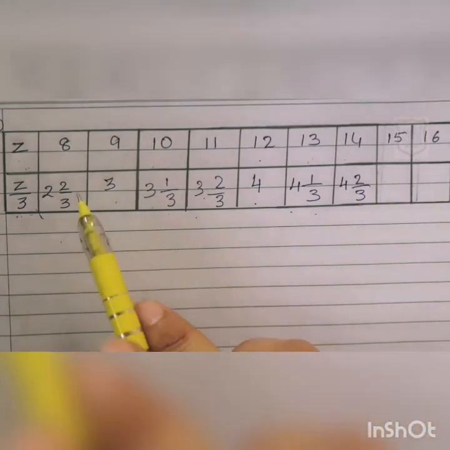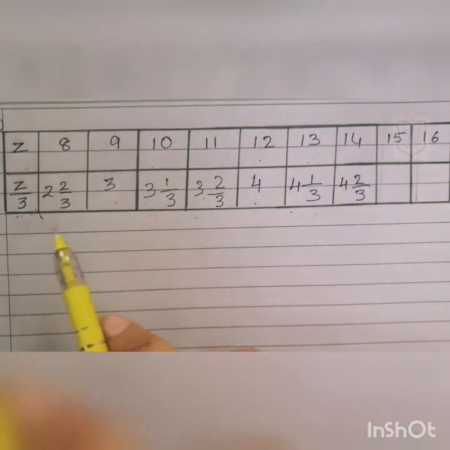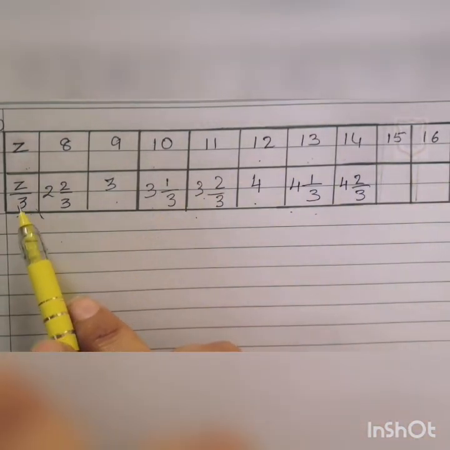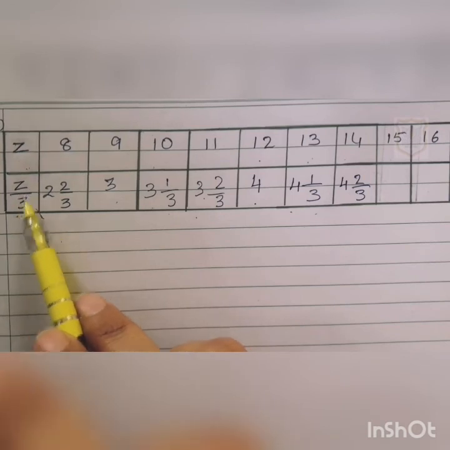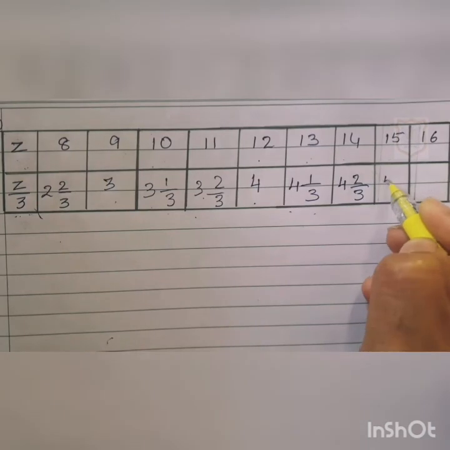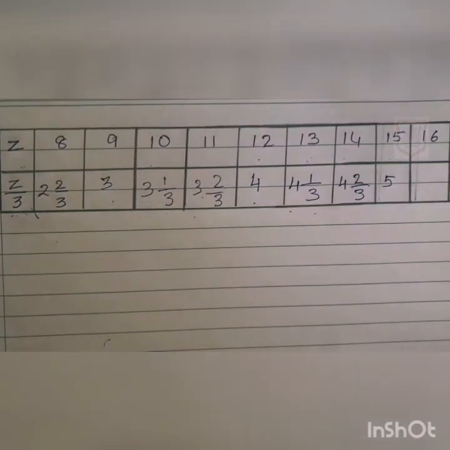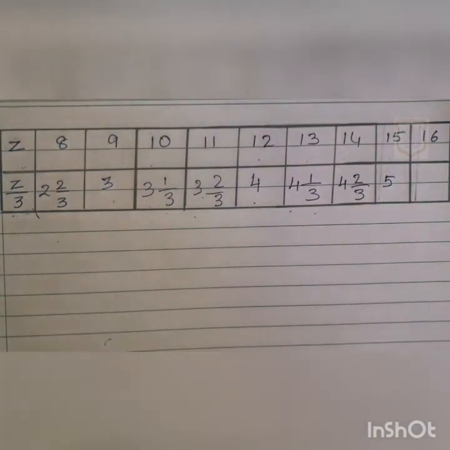When z is 15, z upon 3 will be 15 divided by 3, and we get the answer 5. So we'll write 5. In the same way, children, you can find z upon 3 where the value of z is 15, 16 and so on.